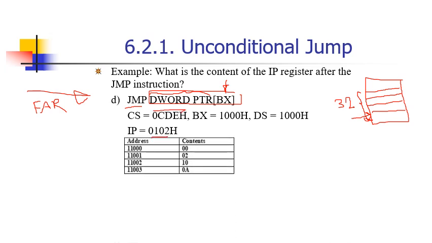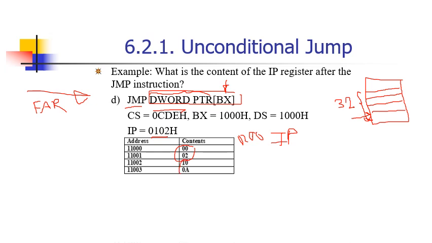Good. Well, this is now the lower address 2 bytes, 0, 2 high and high, 0, 0. This is for your IP.